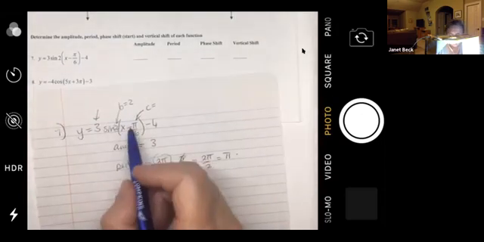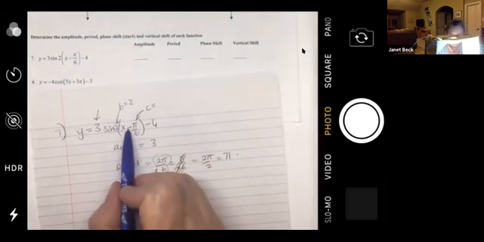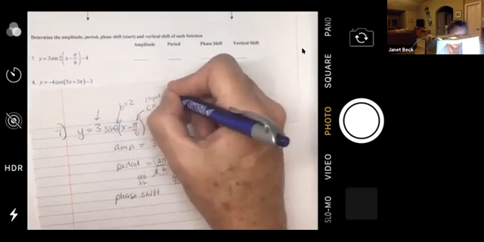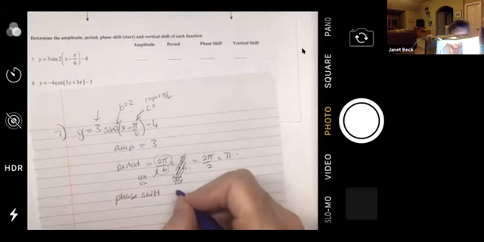The phase shift is your horizontal shift. It's where we actually start the graph. C gives you your start or your phase shift. And if you're subtracting, remember they're going the wrong way, this would be right by pi by 6. So your phase shift is going to be pi by 6 to the right.